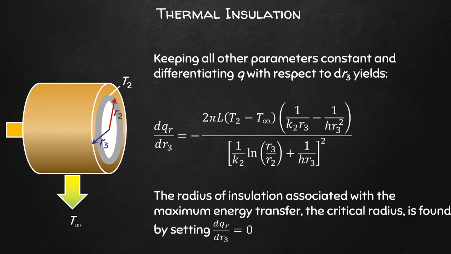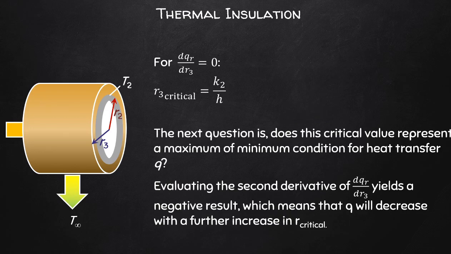So to find this out, we take the derivative and find out where this derivative is equal to 0. And it just so happens that this derivative is equal to 0 when r_3, which is the critical radius of insulation, is equal to k_2, the insulation's thermal conductivity, over h, which is the convective heat transfer coefficient for the surrounding fluid.